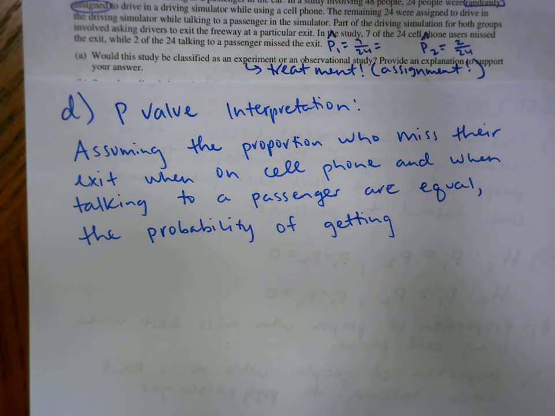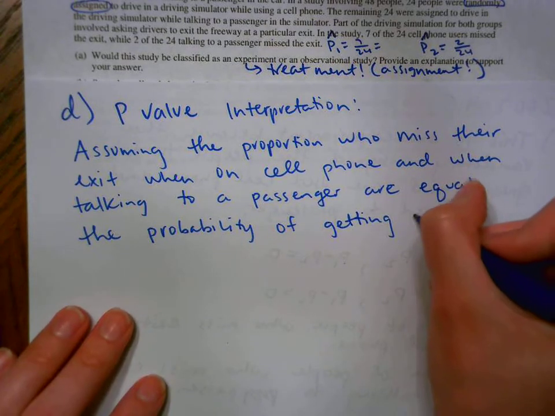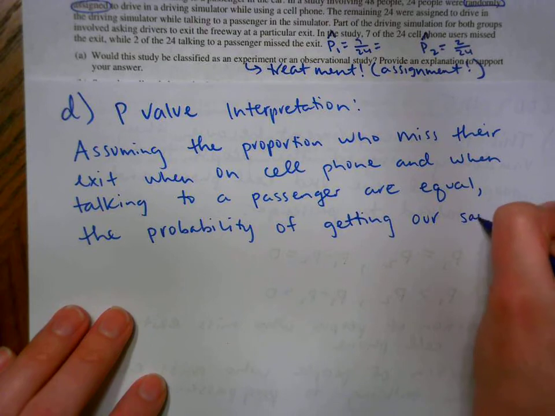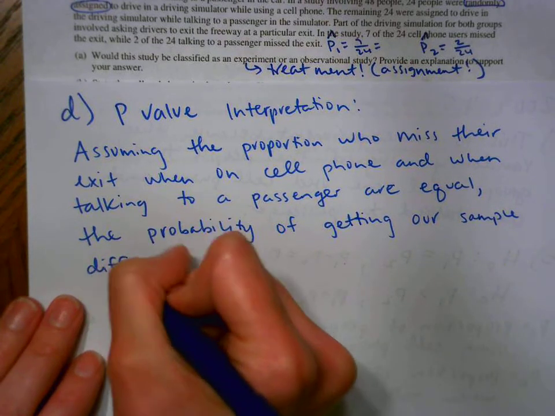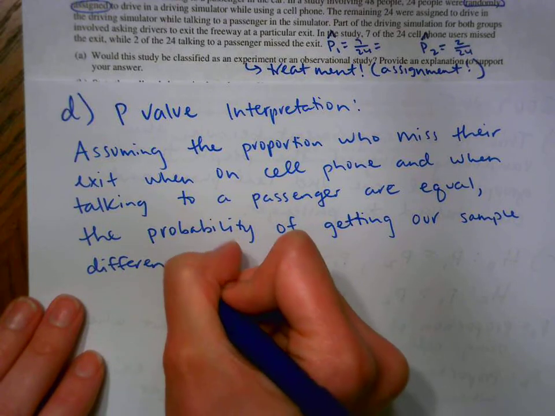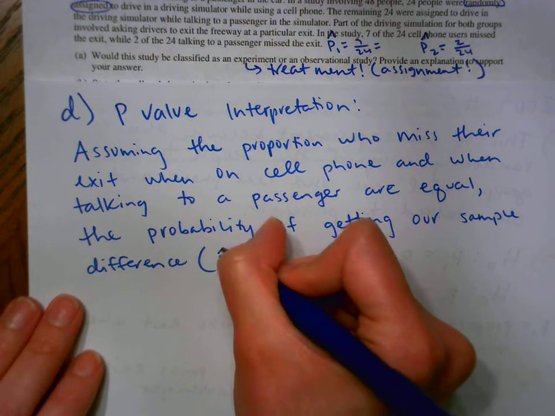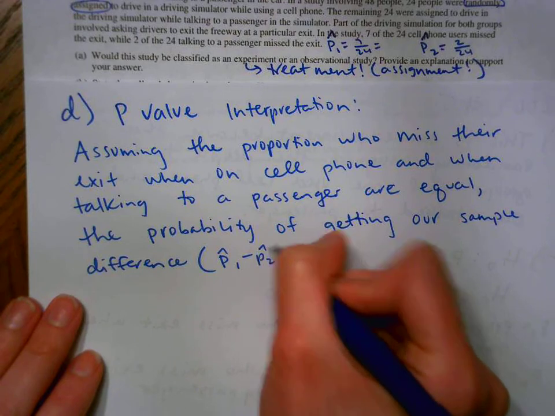So what is our sample result? We didn't actually find it, but it's our sample difference, the difference of p hat 1 minus p hat 2.